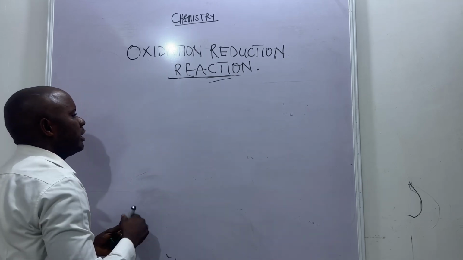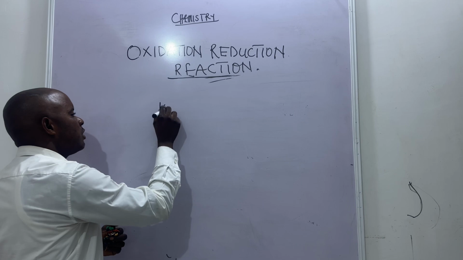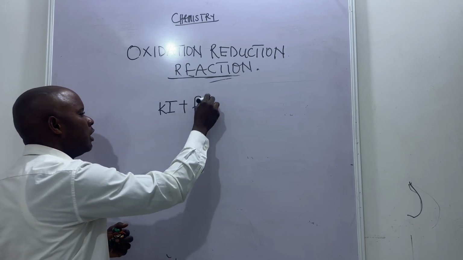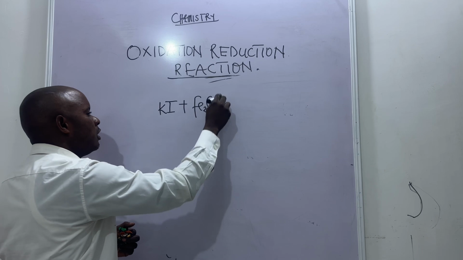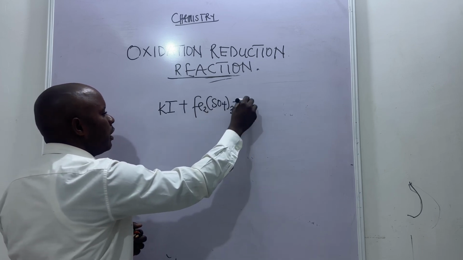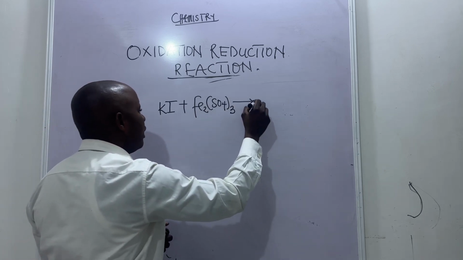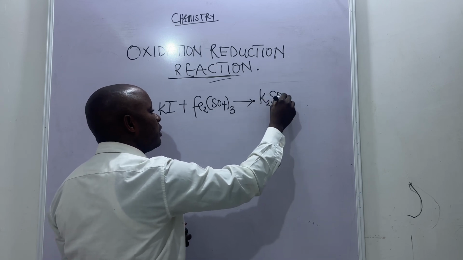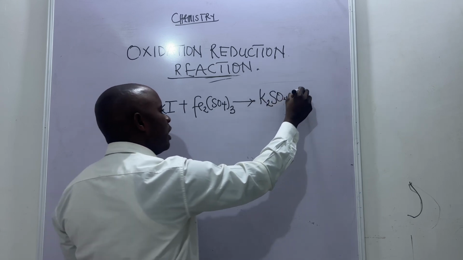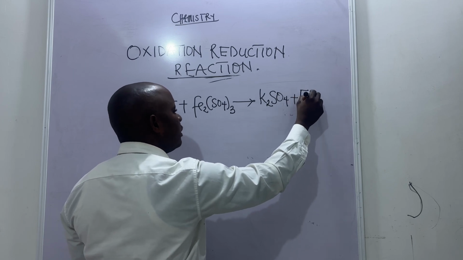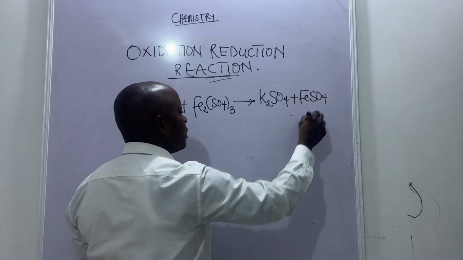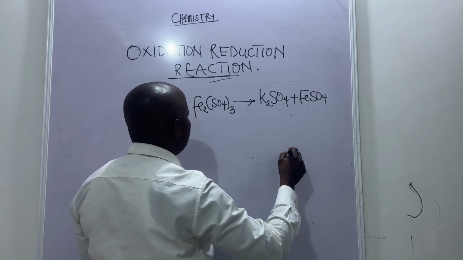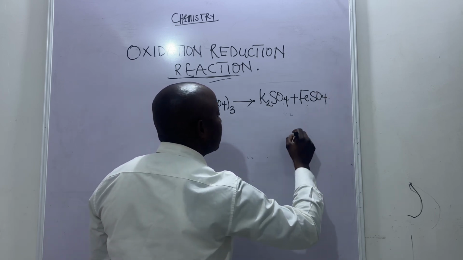So let's have something like potassium iodide plus iron (III) sulfate, Fe2(SO4)3, to give potassium sulfate, K2SO4, plus iron (II) sulfate, FeSO4, plus iodine.